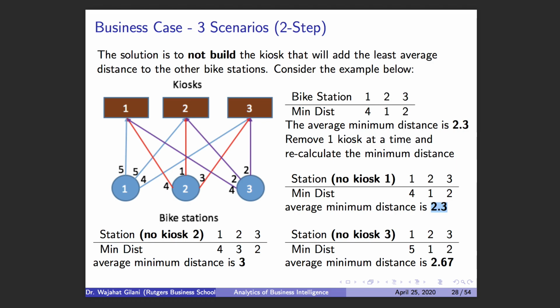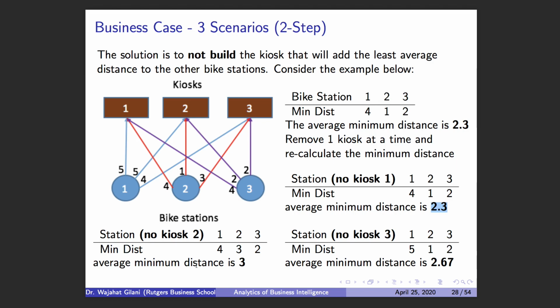Let's just scrap those plans altogether, right? Here, kiosk 3 contributed the second most. If we don't build kiosk 3, that contributed to the second most distance on average to all the bike stations. And obviously, not building kiosk 2 was the most devastating because it increased the average minimum distance by the most.